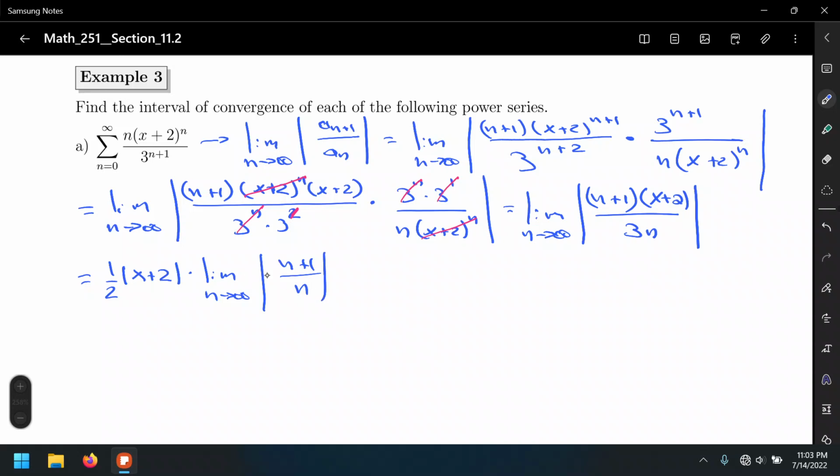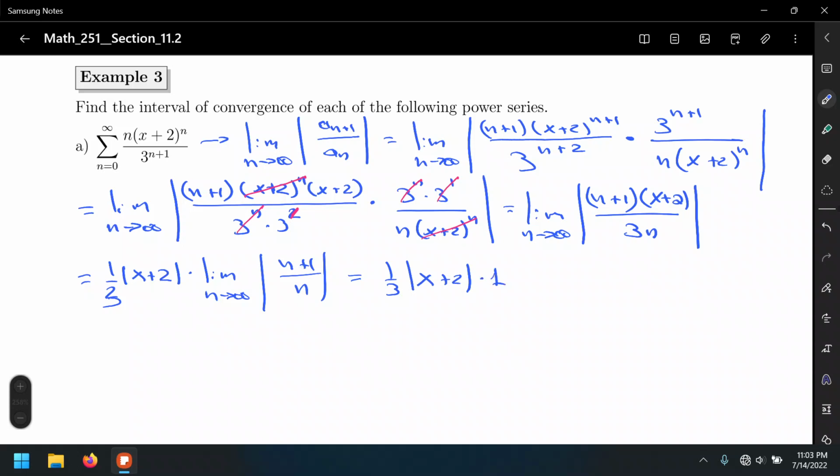And what do we have here? n to the first power over n to the first power, polynomial over polynomial. This limit equals 1. Oh, this is supposed to be a 3. And that's 1/3 times the absolute value of x plus 2 times 1, which is this limit.